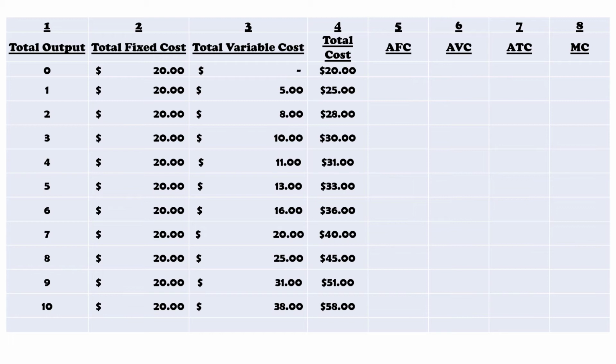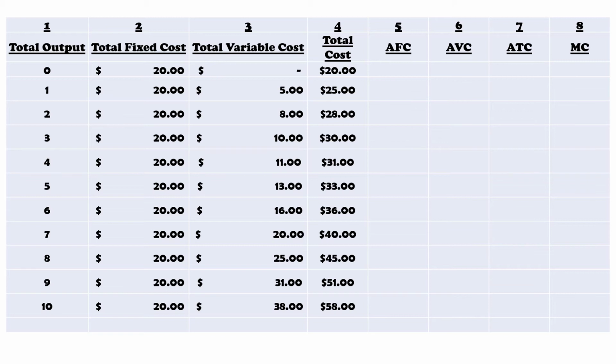Now, we're going to calculate the average fixed cost. Recall that the average fixed cost is the total fixed cost divided by output. The total fixed cost at 1 unit of output would be $20. $20 divided by the output, which is 1.